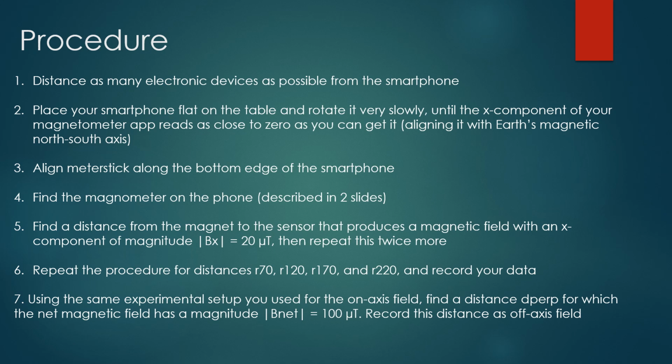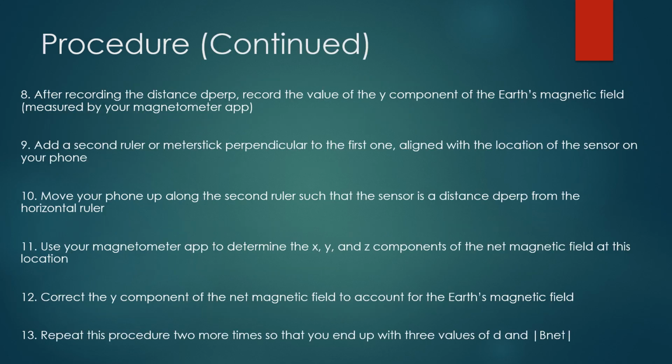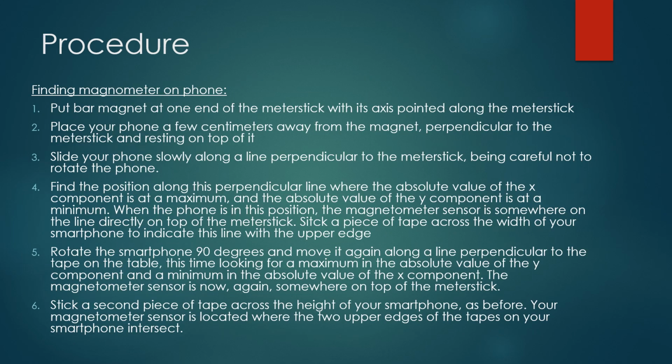I'm not going to go over the procedure in detail because it was outlined in the slides, but basically you use the bar magnet and try to calculate the on and off axis magnetic field using the magnetometer app on the phone, placing the phone at different distances throughout the lab. This slide illustrates the procedure, as well as this slide. And this procedure shows how to find the magnetometer on the phone.